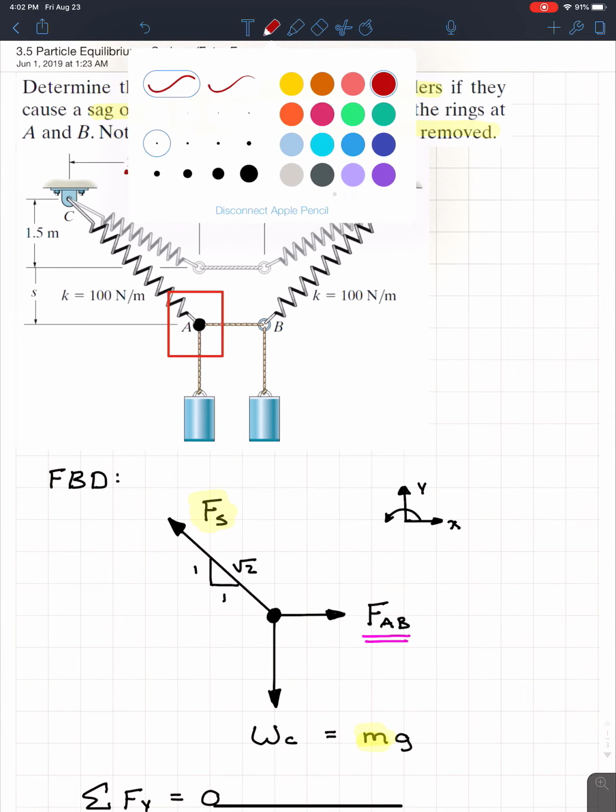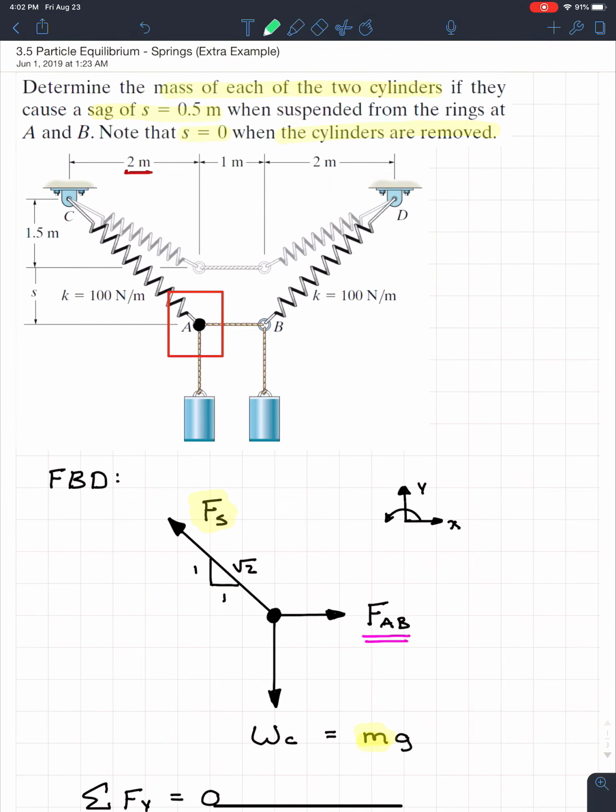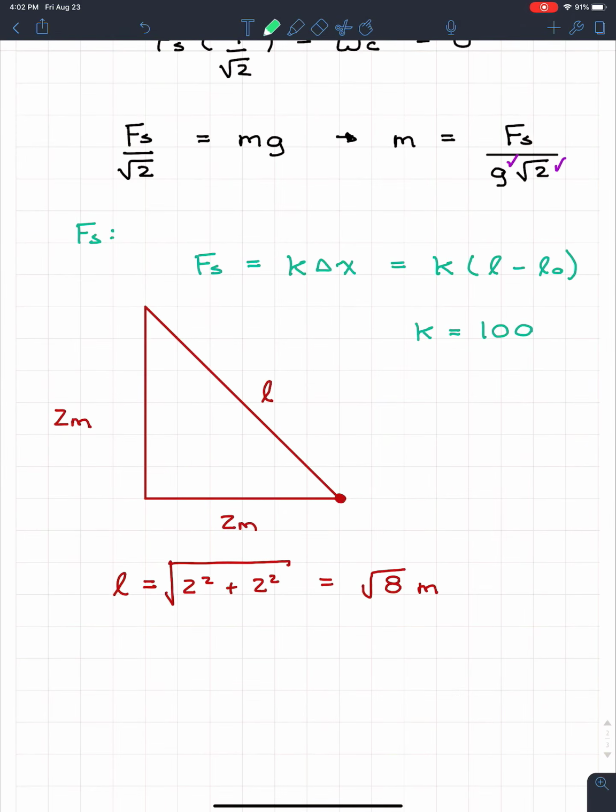But then we have the second scenario, the unstretched length. In this case, we know that the vertical distance isn't 2 meters. It's actually 1.5 meters. So I'm going to write 1.5 meters for that distance. And this right here is going to be L naught, the unstretched length.